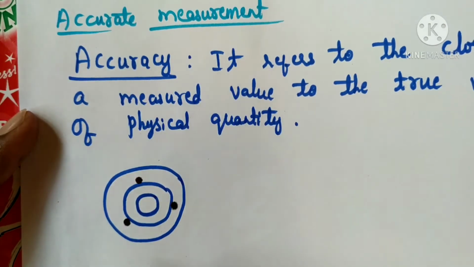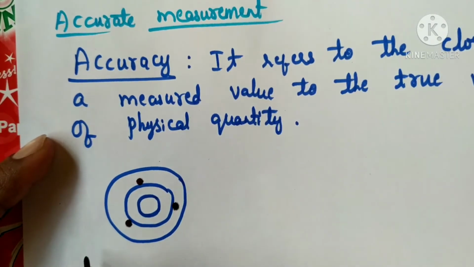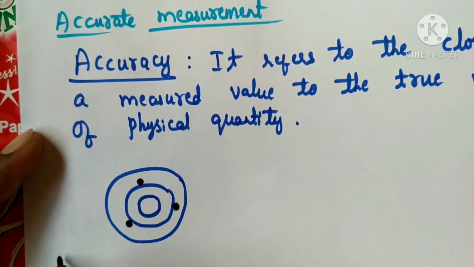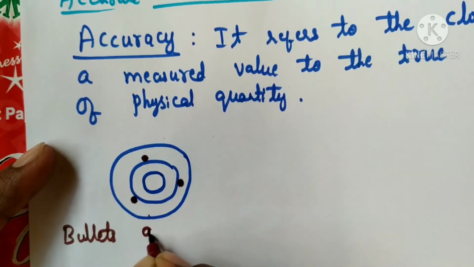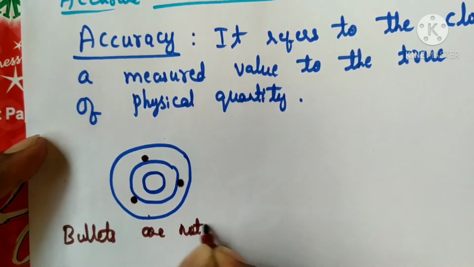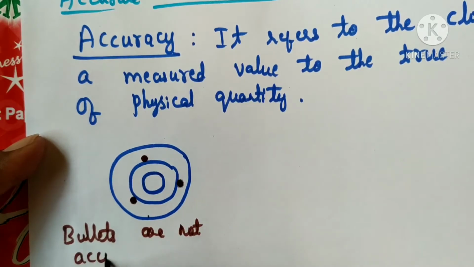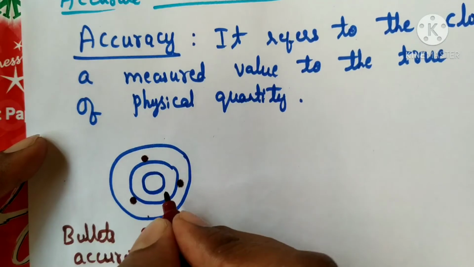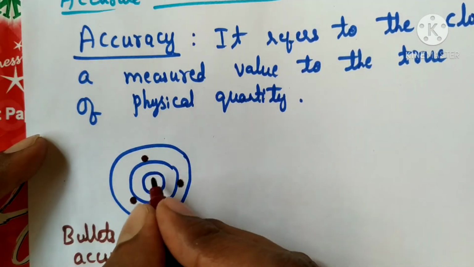Then here what is happening, the bullets are not at the central target, and also they are not close with each other. So we can say that bullets are not accurate. Why they are not accurate? Because they have not reached the target.